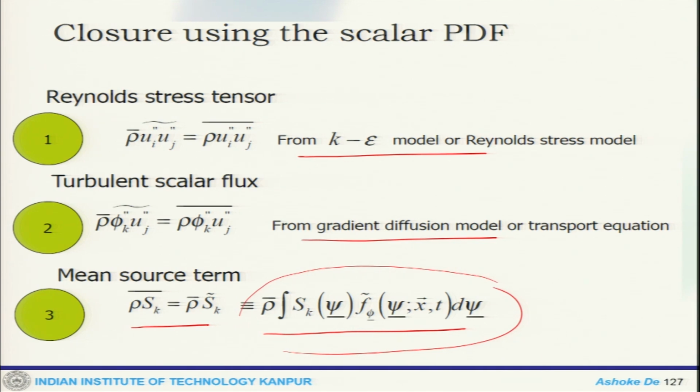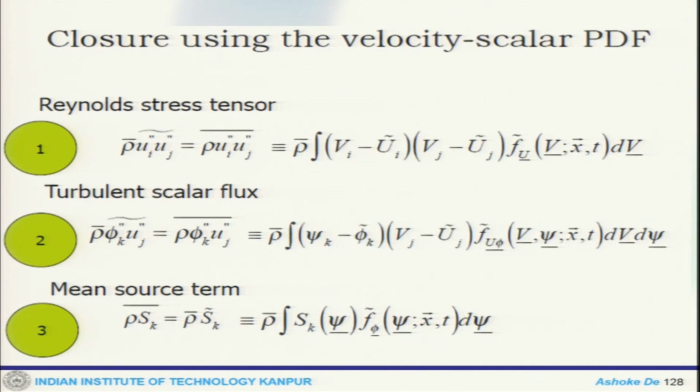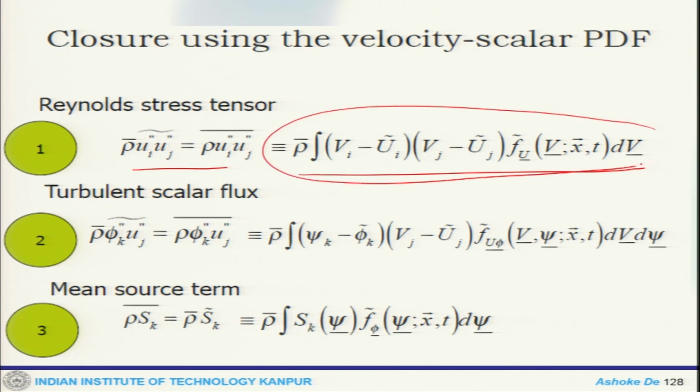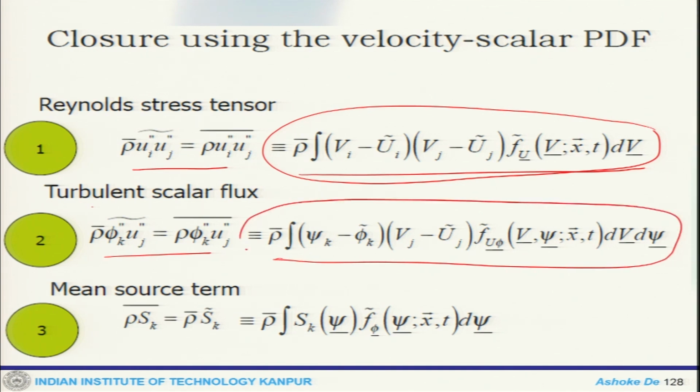And similar things one can close using velocity scalar joint PDF. So, this is Reynolds stress term which one can close using the joint PDF or velocity PDF. So, instead of taking it directly from the RANS equation, now we can use the Lagrangian information to close it. Turbulent scalar flux, which is this term, now we can close using velocity scalar joint PDF, and source term using scalar PDF.